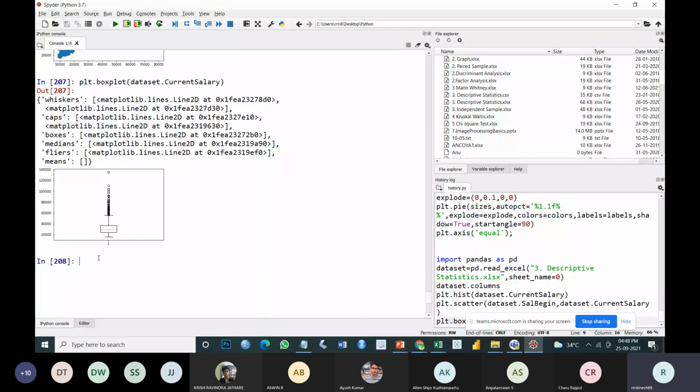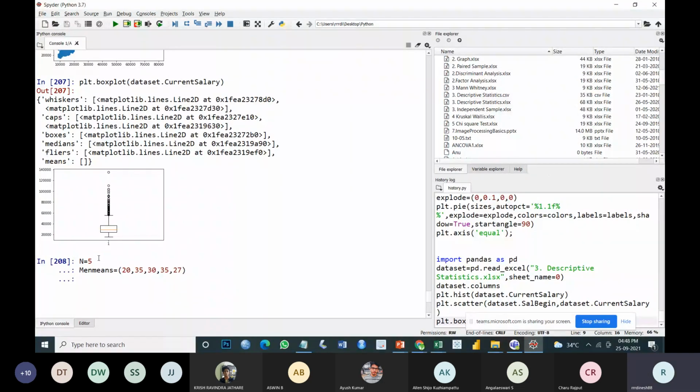Then we can also draw the bar graph. For example, n equal to 5. Men means equal to 20, 35, 30, 35, then 27.